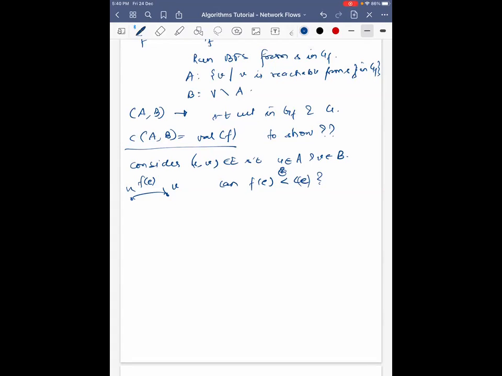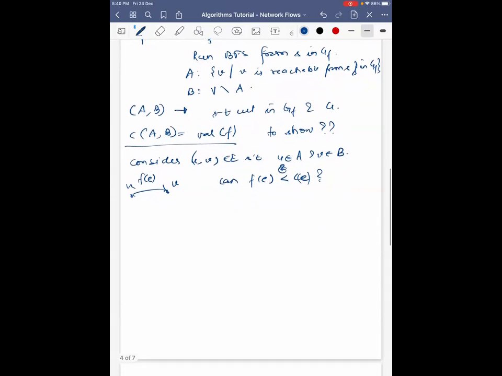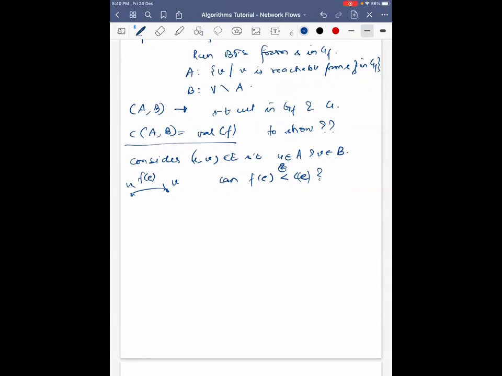If f_e is equal to 0, how do we know that there exists a path from S to T which includes UV?